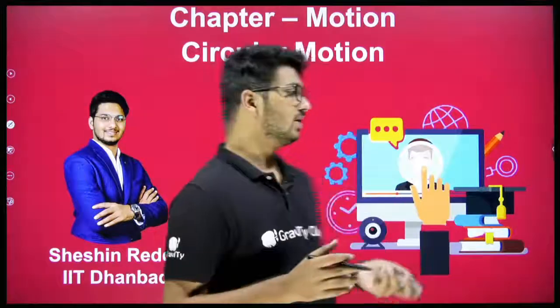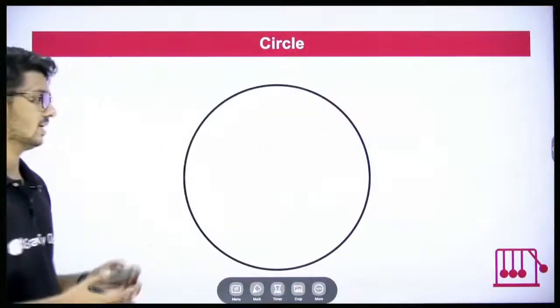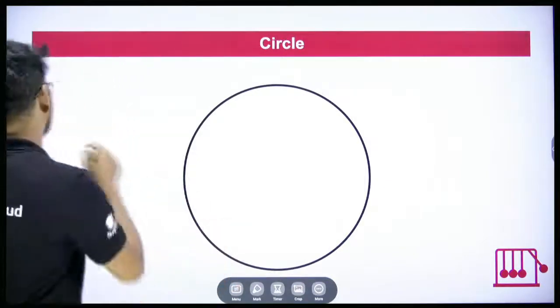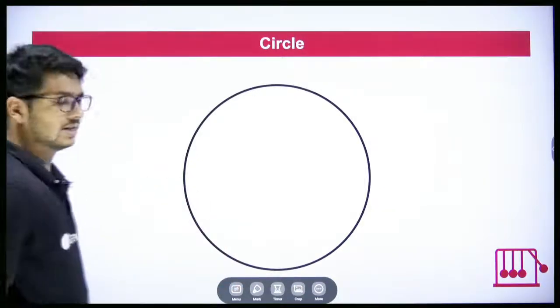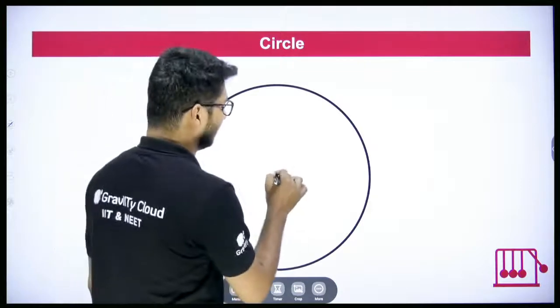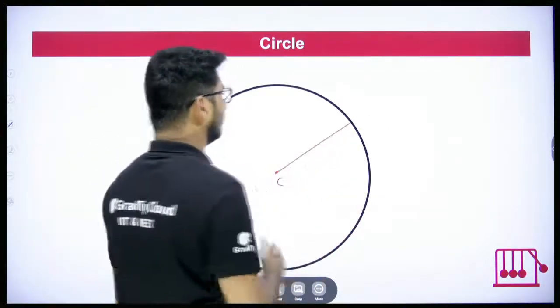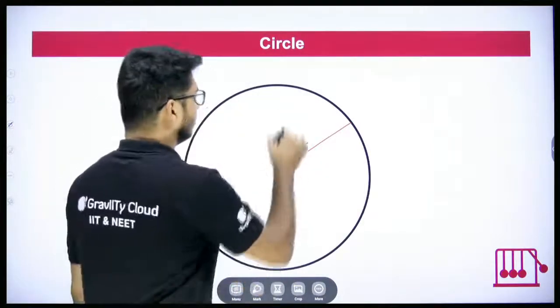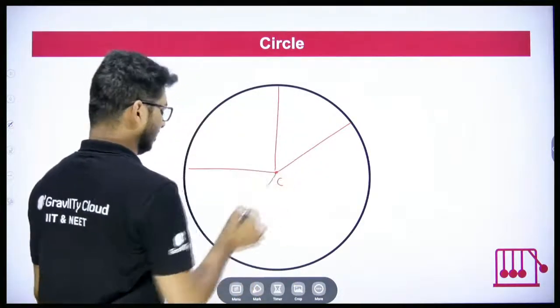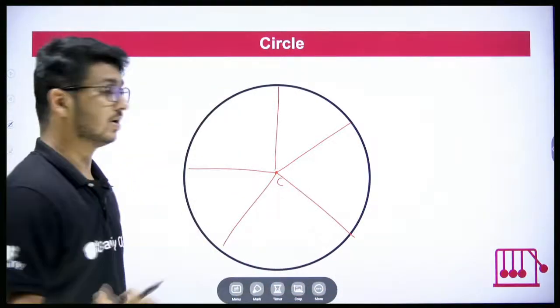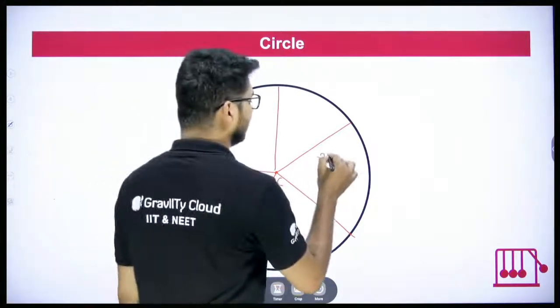Let's continue. When we talk about a circle, it's a very simple shape. There are some special properties of circles. One is the center. Every circle has a center. The distance from the center to any point on the circle is equal, and that is called the radius.